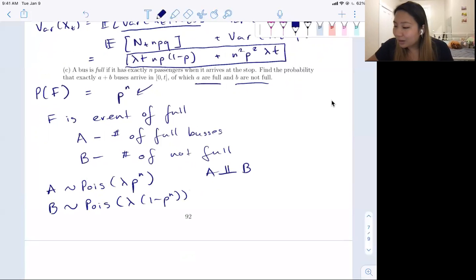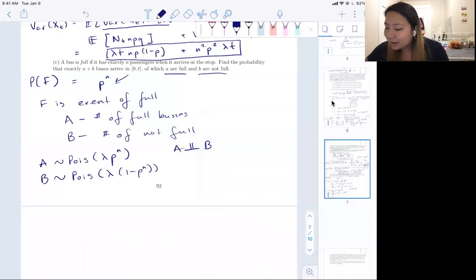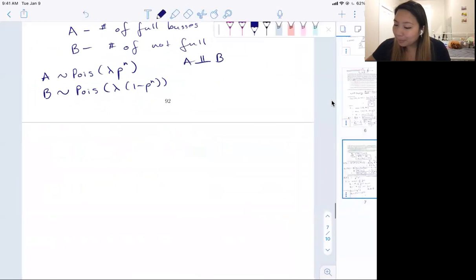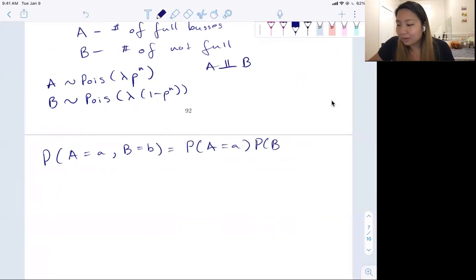What we're looking for here is the probability that big A equals little a and big B equals little b. This is equal to the probability big A equals little a times big B equals little b, because they're independent.